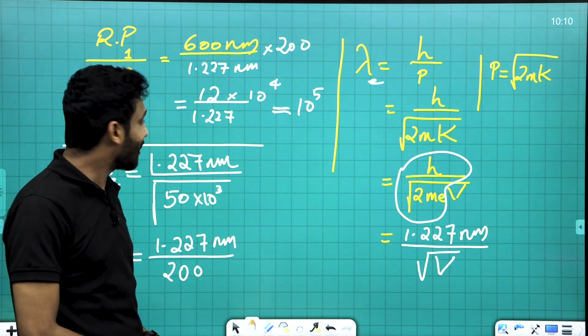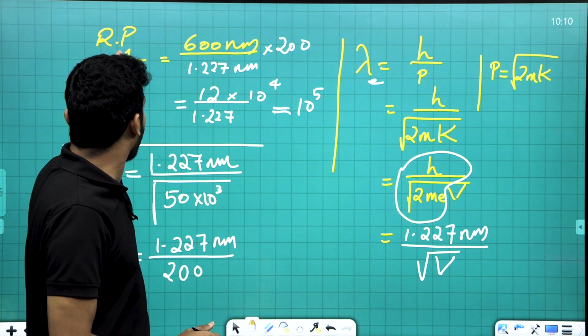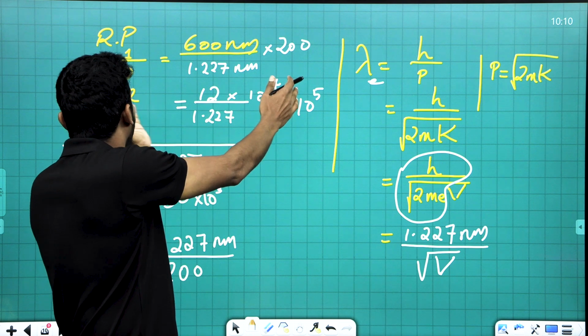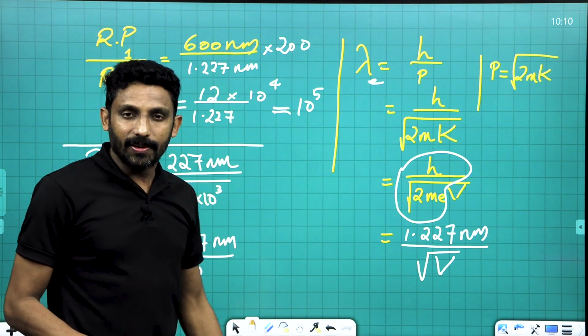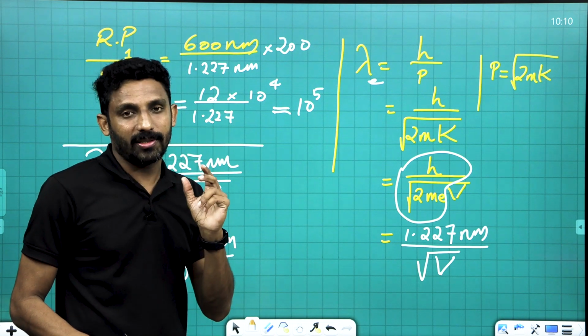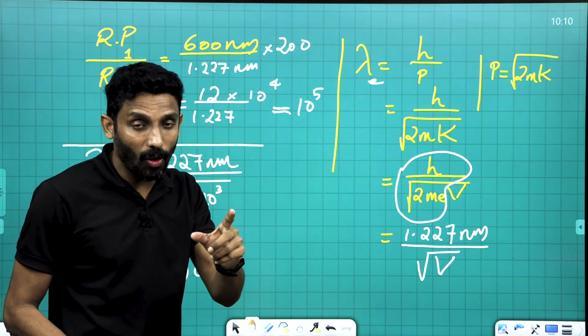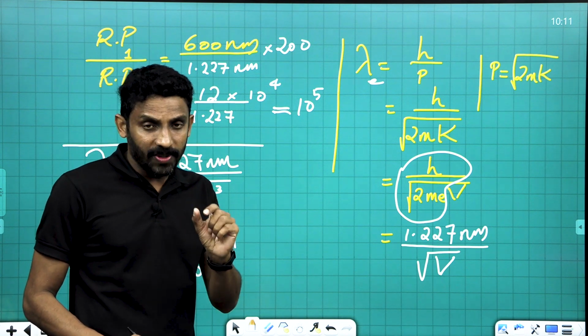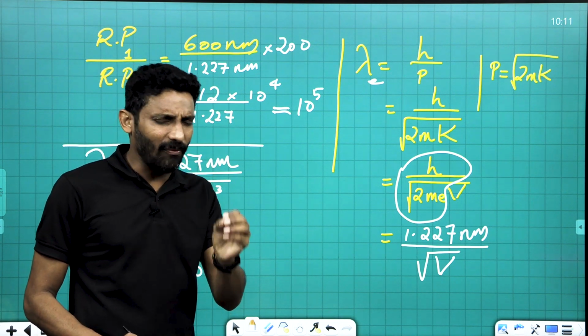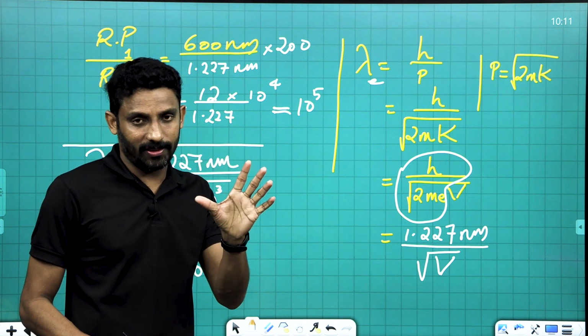Isn't it? Yes. So the resolving power of the electron microscope is 10 raised to 5 times greater than that of the optical microscope. This is the greatest advantage of the discovery of the wave nature of electron. Electron, such a small particle, has a very, very small wavelength.